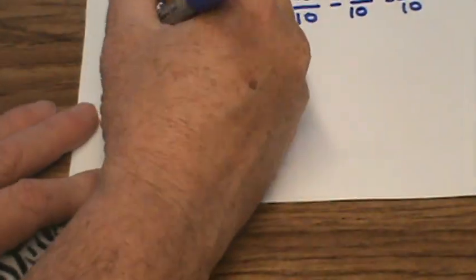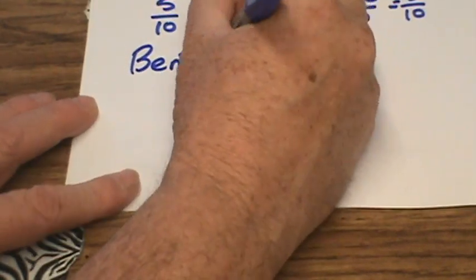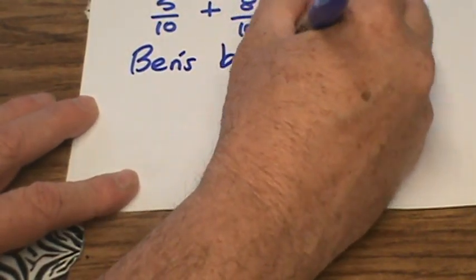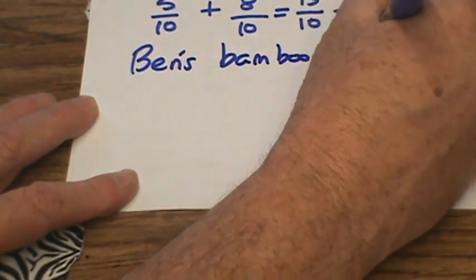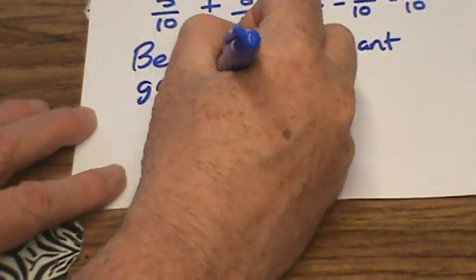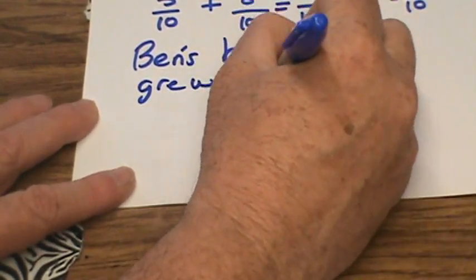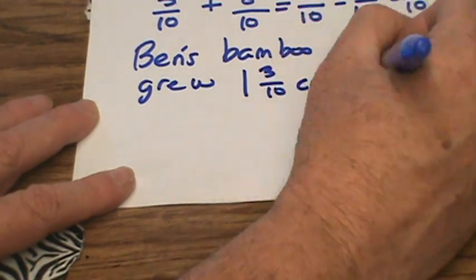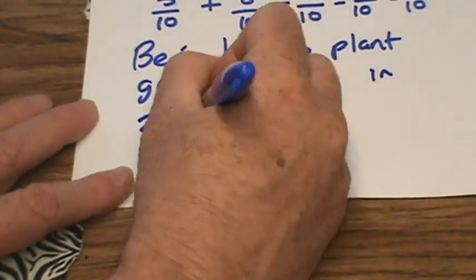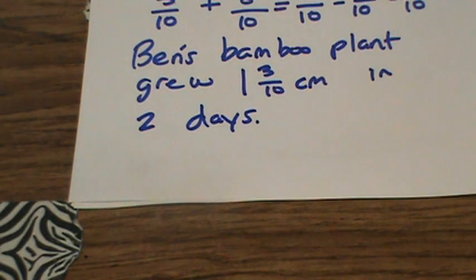So we could say Ben's bamboo plant grew 13 tenths, or 1 and 3/10 centimeters in 2 days. Way to go, Ben, and your fabulous bamboo plant.